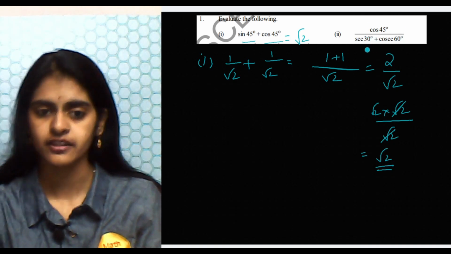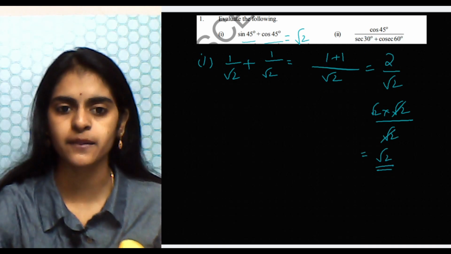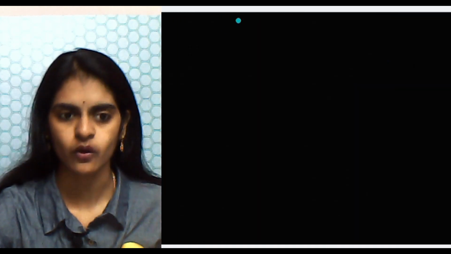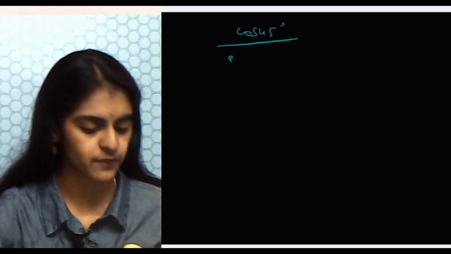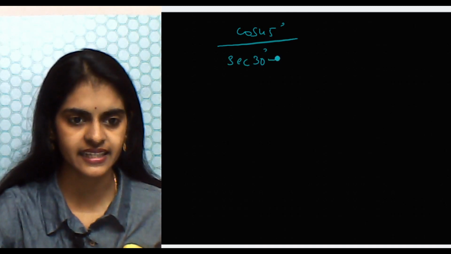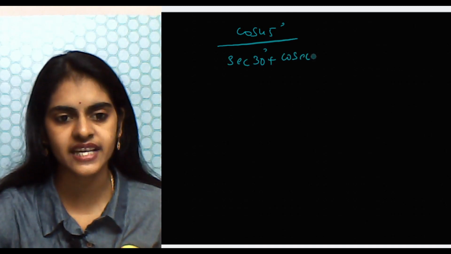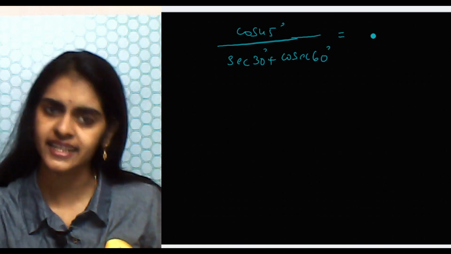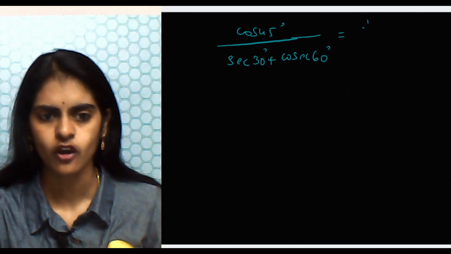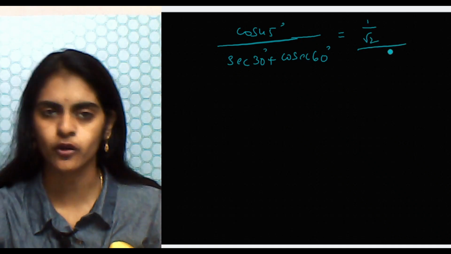Cos 45 upon secant 30 plus cosecant 60. So it is cos 45 degrees divided by secant 30 degrees plus cosecant 60 degrees. Here again, direct substitution of the values. Cos 45, we know, is 1 upon root 2.